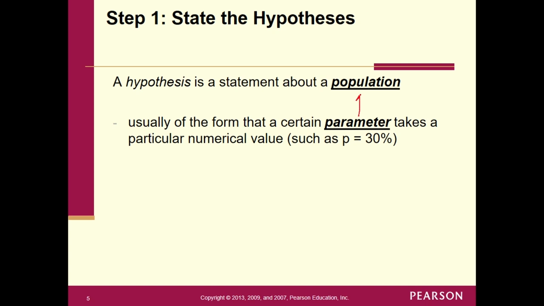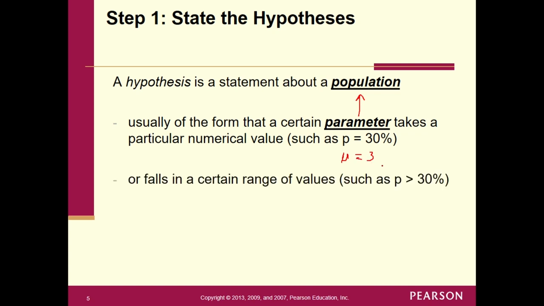They come from populations, right? And so we're going to make some sort of statement like P is equal to 30%, so the population proportion P is equal to 30%, or maybe mu is equal to, say, 5 or 3 or something, right? We'll figure out how to do that in a little bit. We could also make a statement where P is greater than 30% or mu is greater than 3.